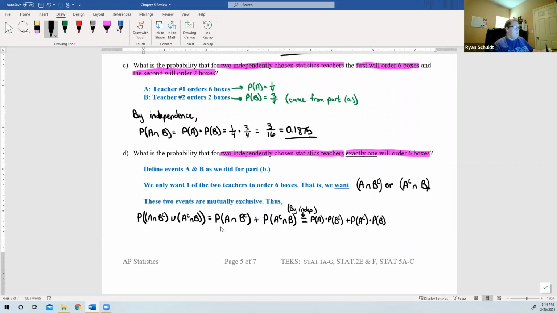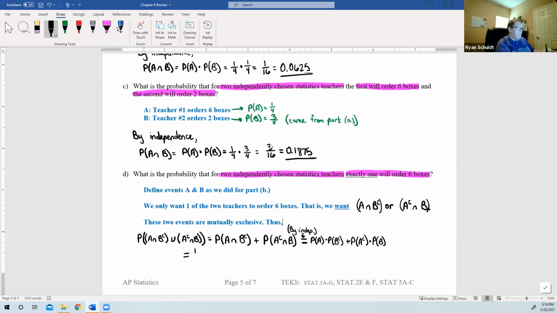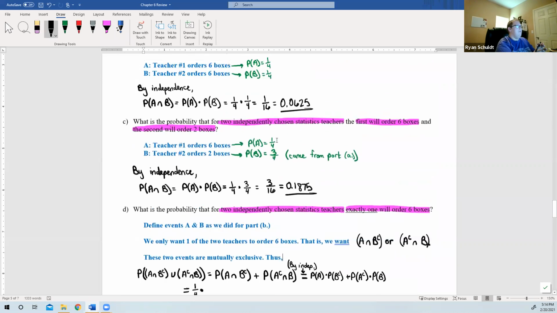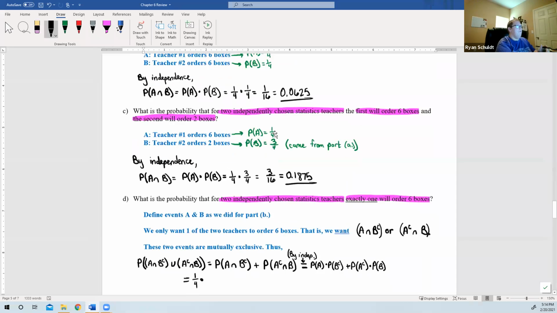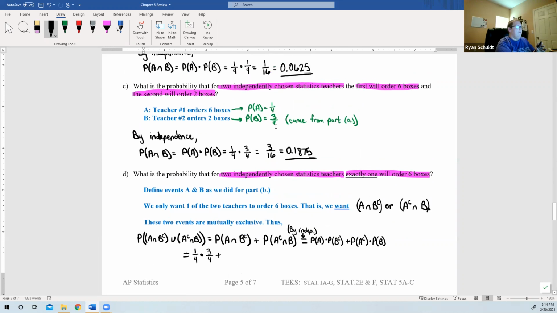Okay, so let's see here. Probability that A occurs. In part B, A occurs with a probability of 1/4 times the probability of not B. Well, B is 1/4, so not B has to be 3/4. Plus, then we do the probability of not A. Not A would be 3/4 times the probability of B is 1/4.